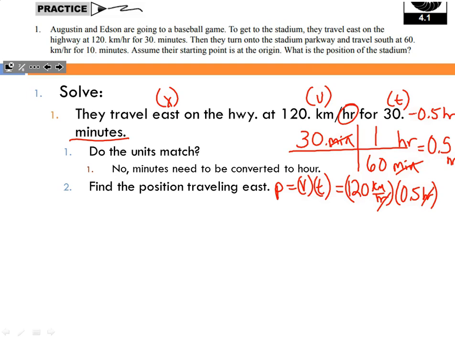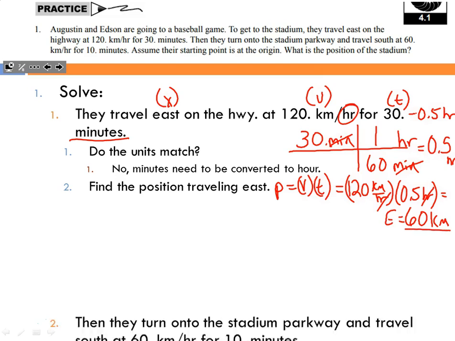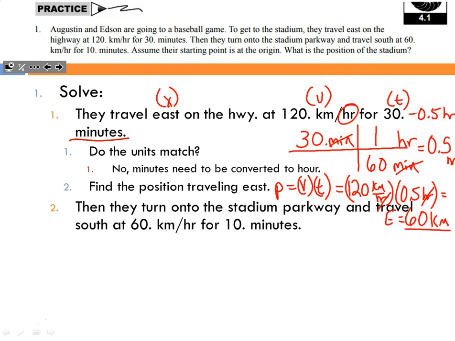Hours cross out, so then we're just going to multiply. So what is 120 times 0.5? We've gotten 60 kilometers. Remember, this one is heading east. We're heading east 60 kilometers. All right, so now we have found our traveling east.